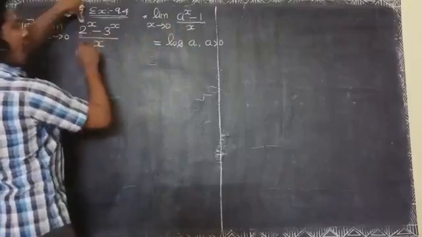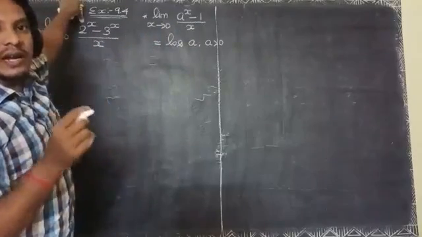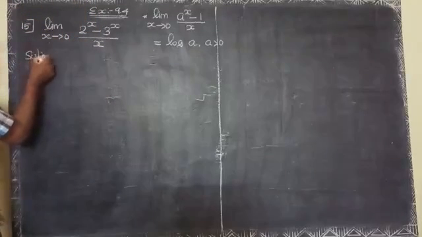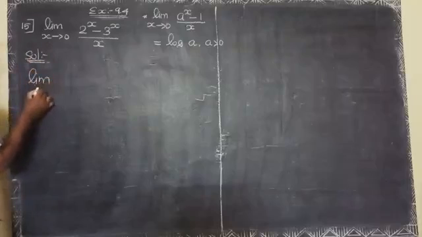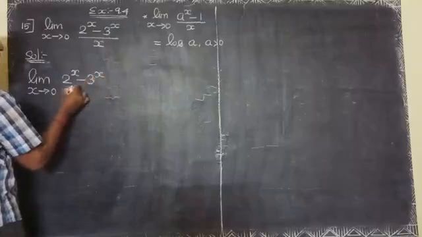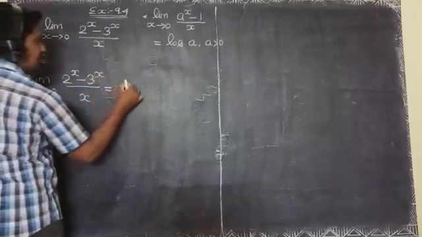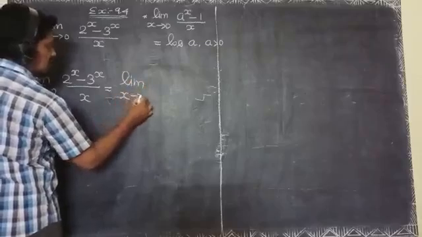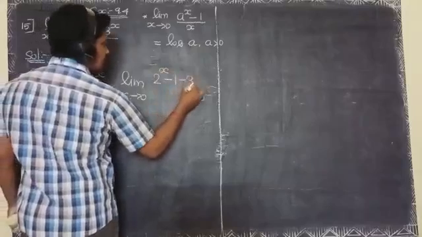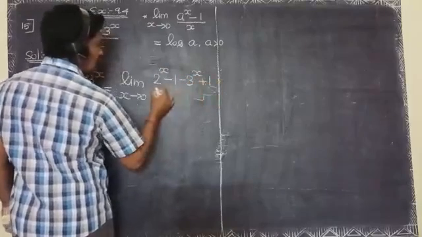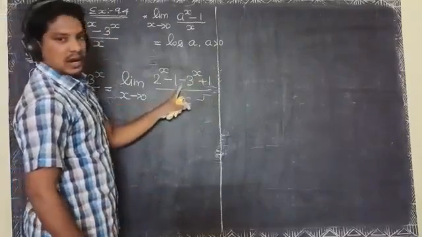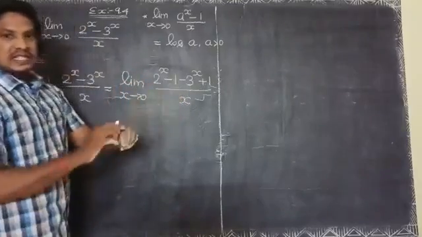So add 1 and subtract 1 in the numerator. The given function, limit x approaches 0, 2 power x minus 3 power x divided by x, is equal to limit x approaches 0, 2 power x minus 1 minus 3 power x plus 1 divided by x. Adding and subtracting 1 in the numerator doesn't change the function.